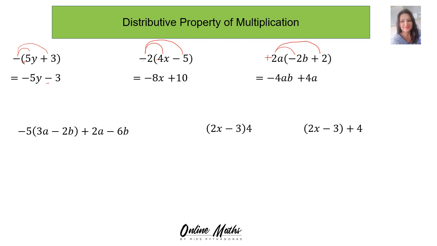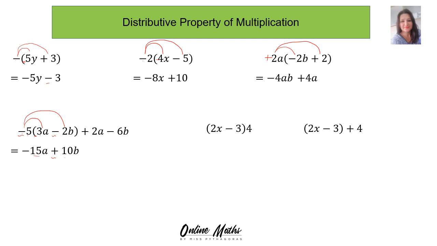The next example down here, negative 5 times the 3a and negative 5 times negative 2b. So we will say a negative times a positive is negative. 5 times 3 is 15a. And then the next one, a negative times a negative is a positive. 5 times 2 is 10b.